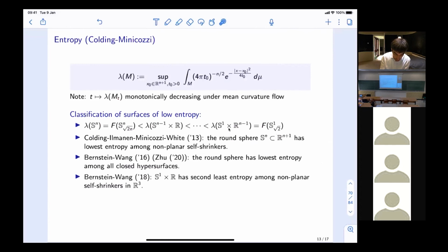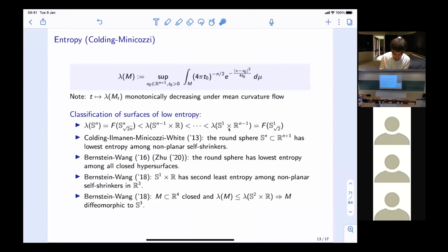And so what Bernstein and Wang proved is that if you just look at shrinkers, these first two steps in R3, the lowest one is S2, and the next one is S1 cross R, and there's no other shrinker in between. So there's no other singularity model in between. So there's a gap between these two. There's nothing else.